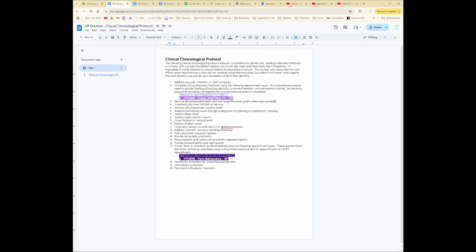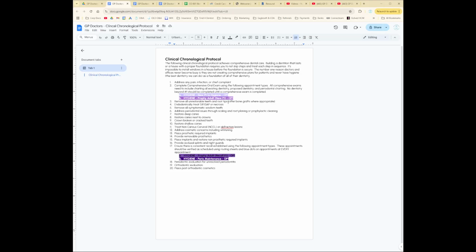Now that we have their dentition pretty much all taken care of, we should send them to an orthodontic evaluation. Again, we're not going to send them to an orthodontic evaluation unless we have all of their dentition cleaned up. In fact, the orthodontist does not want to be placing braces on teeth that have caries and things like that. And they don't want to be doing orthodontics on someone who has unresolved periodontitis, okay?